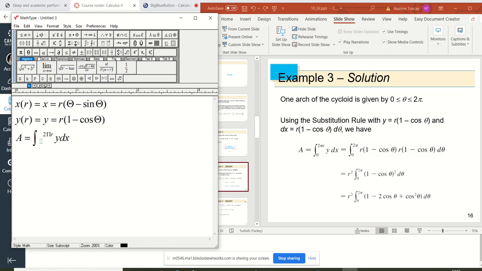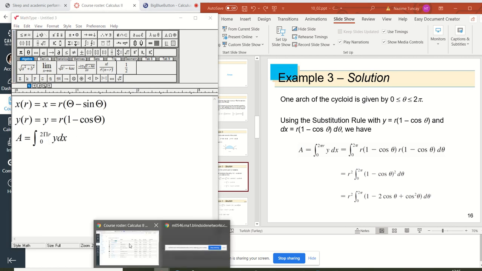This is the upper boundary, 2πr once again. This is 0 and this is 2πr. So this is the area under the integral.